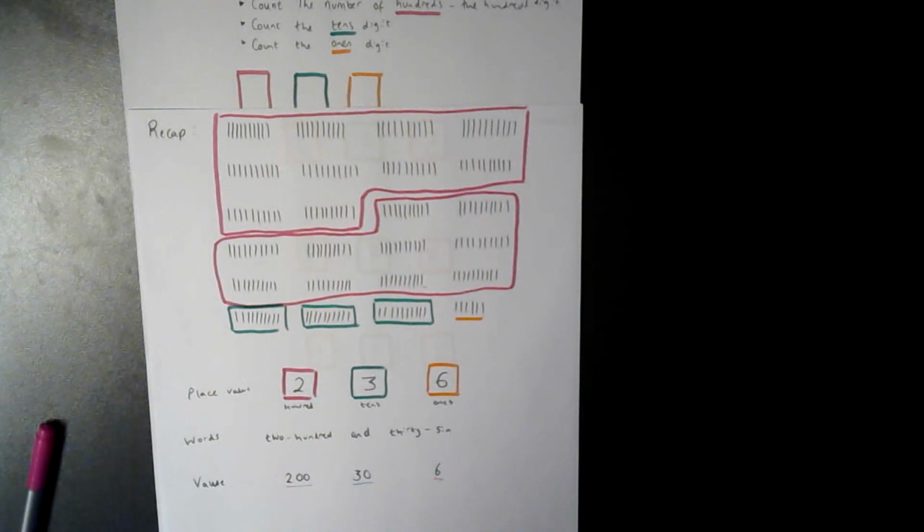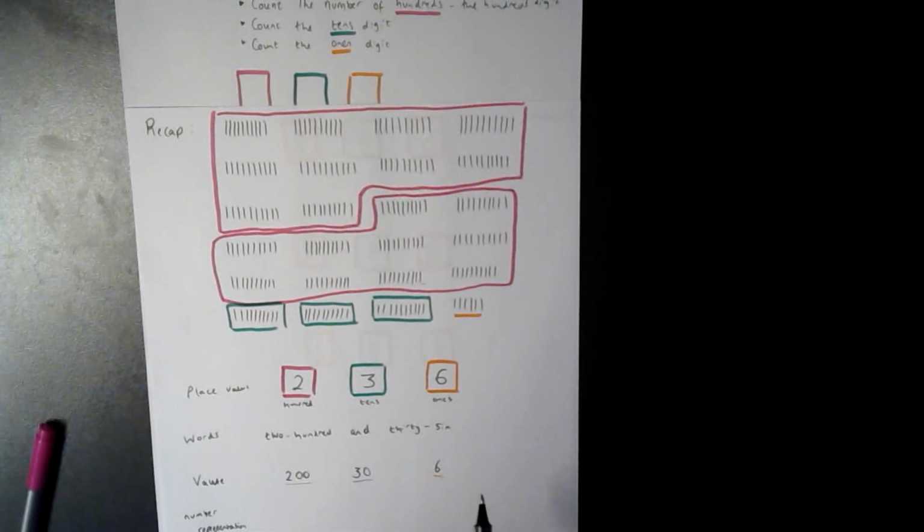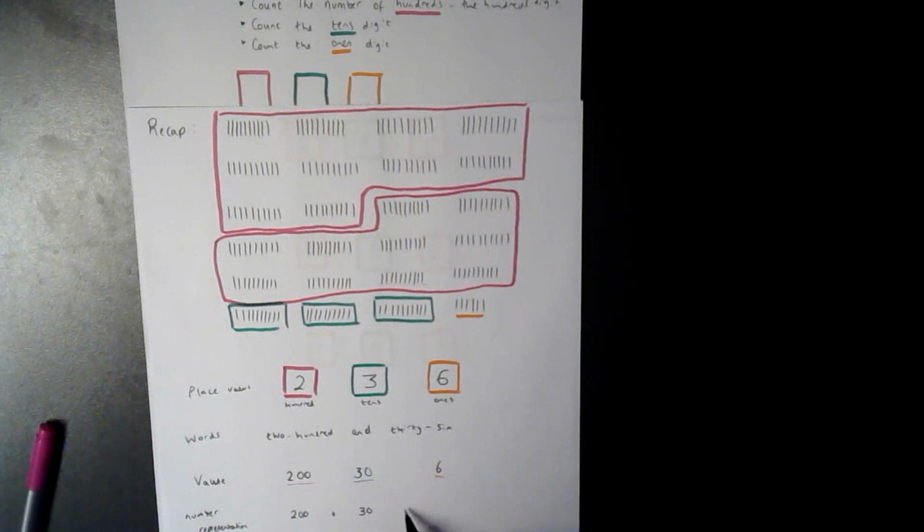And we can link this representation back to the place value by saying, well, actually, we can do a number representation of 236 as 200 plus 30 plus 6.